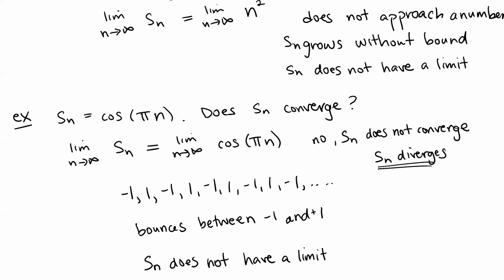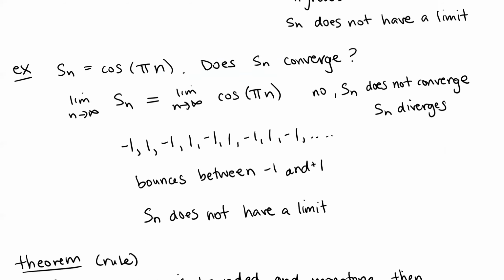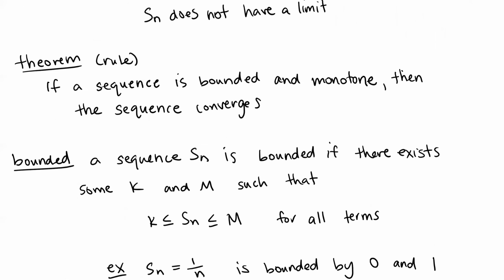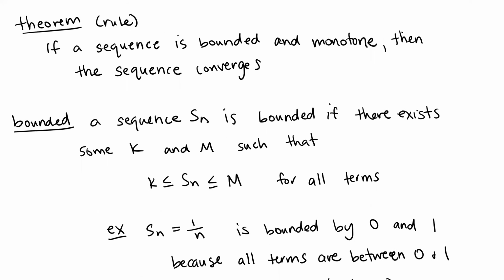If Sn diverges, that tells us that Sn does not have a limit. All right, so now that we have an idea of what convergence means for a sequence, let's learn one rule for determining if a sequence converges. There are lots of different ways for a sequence to converge, but this is one special rule, and we call math rules theorems. So here's one theorem.